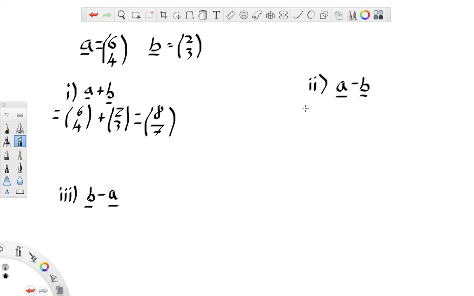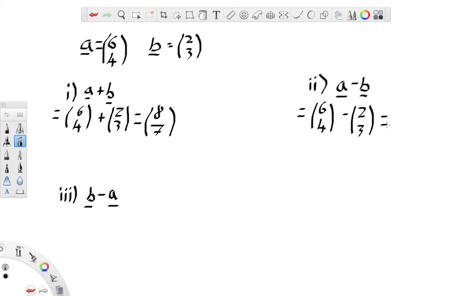So now we've got question 2, A minus B. Again, same thing, we write our vectors in place of the letters. So we've got 6, 4, minus 2, 3. Considering just when we were adding, we added the horizontal components and added the vertical components to get a new vector.